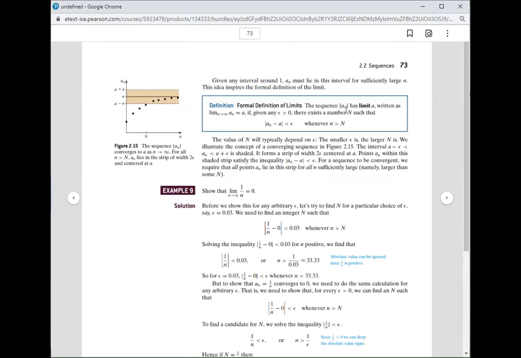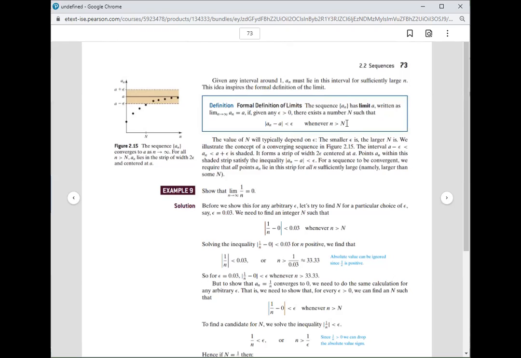If you have a sequence like this, and we say this sequence has a limit a, so we can write it as limit n to infinity of a n equal to a, if given any epsilon, there is a number N such that the absolute value of a n minus a is less than epsilon whenever n is greater than the capital N. Right?